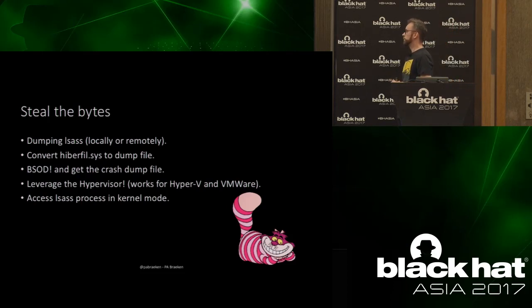You can provoke a BSOD, but it will maybe be detected. And yes, you can do it by leveraging the hypervisor, like Hyper-V or VMware. I will show you that, it is very interesting. Also, if you have kernel access, you can access the LSASS process directly without dumping anything.